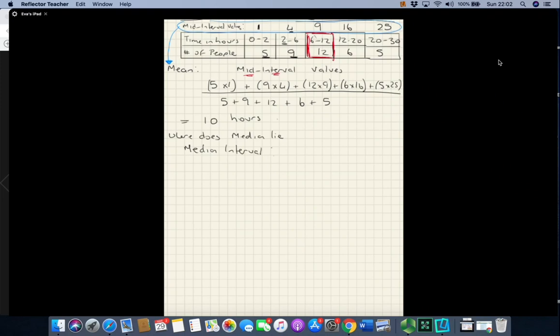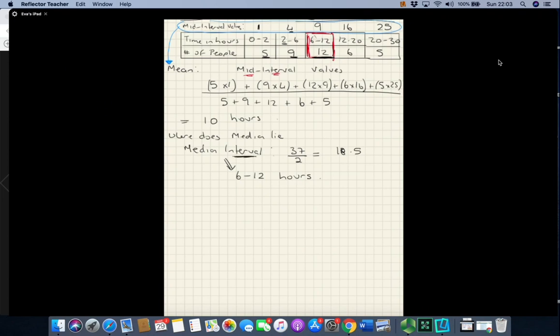I have 37 values, divided by 2, so I have 16 and a half values on either side. So 16 values, 18 values. 9 and 5 is 14, so I'll end up in here. 6 and 5 is 11, yes, I'll end up in here. So my median interval is 6 to 12 hours.